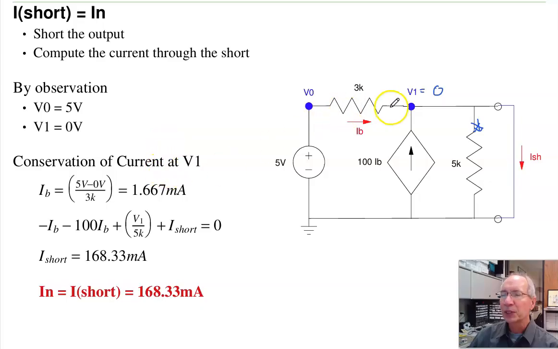IB is 1.6 milliamps. At this point, the currents balance. So minus IB minus 100 IB plus I short equals 0. Solve for I short, and I get 168 milliamps. So on my load line, I have my second point. This is 4.97 volts. This is 168 milliamps.